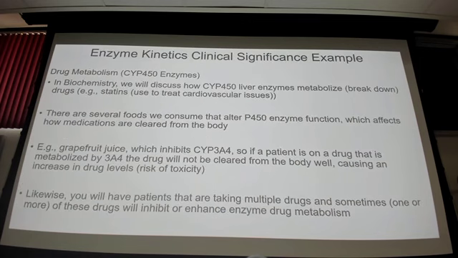I talked about this at the beginning of the lecture, but enzyme kinetics is very important in drug metabolism, and pharmaceutical scientists are responsible for determining the exact values for known enzymes and known drugs, and that is used to help determine how much of a drug is recommended to prescribe.